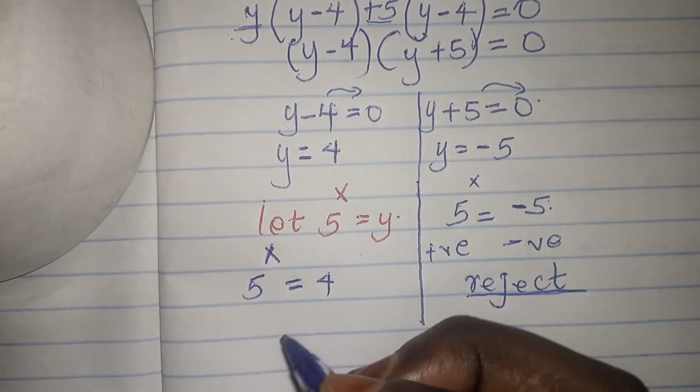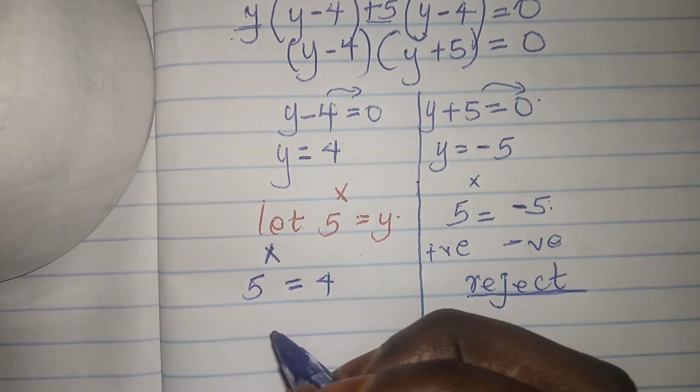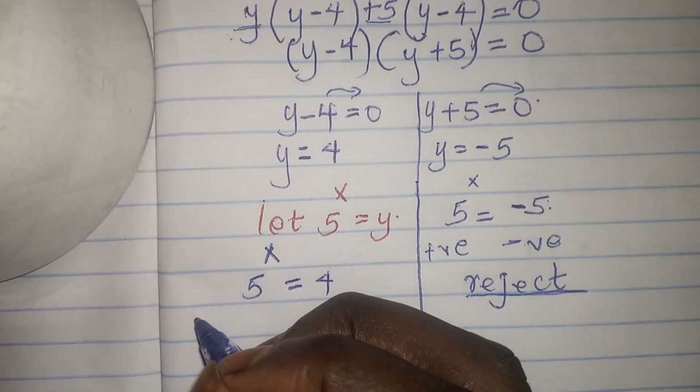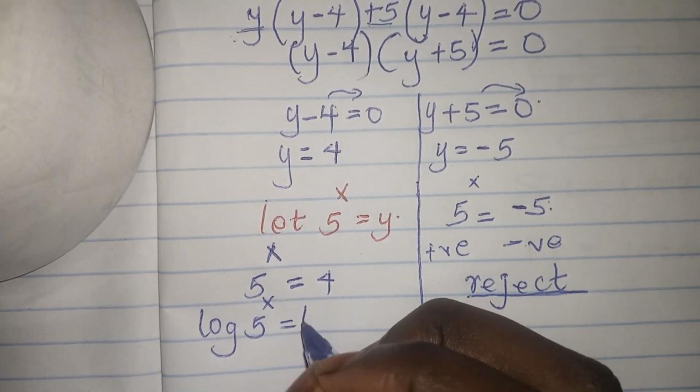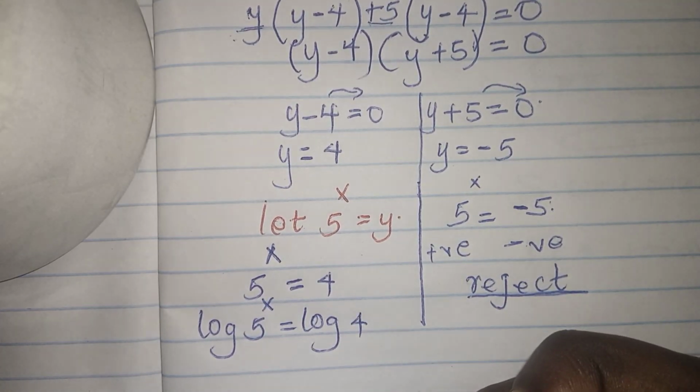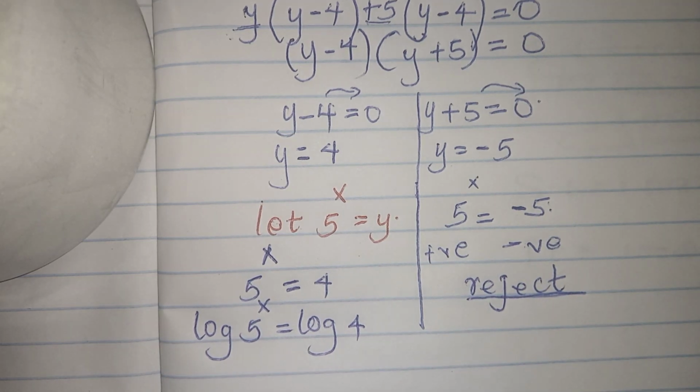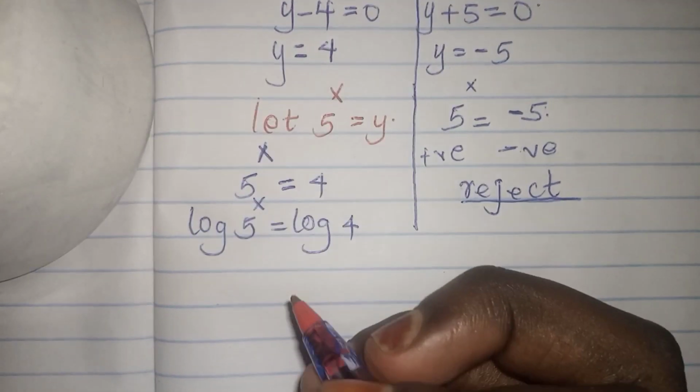And I will introduce logs on both sides. So this will be log 5 to the power of x is equal to log 4, right? I'm going to use this logarithmic rule.